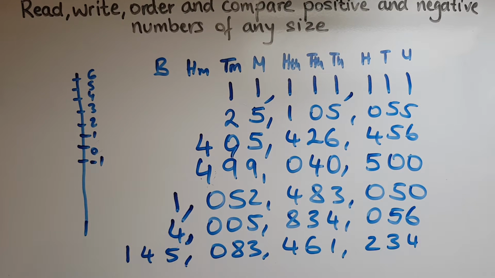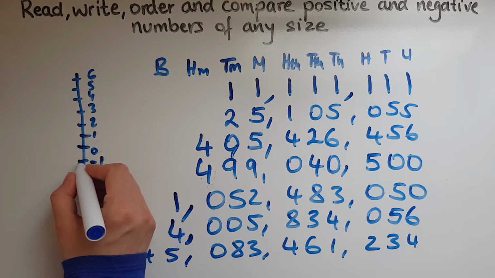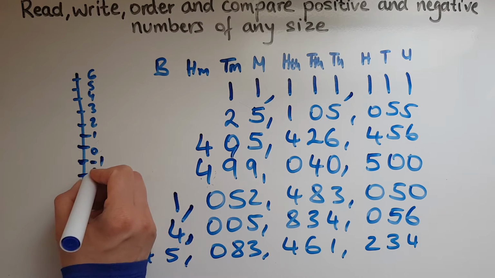If it goes down, that means it's a smaller value. Or if you are overdraft, that means you've got less money. So if you go this way, always the numbers get smaller. So going down in this number line means numbers get smaller.